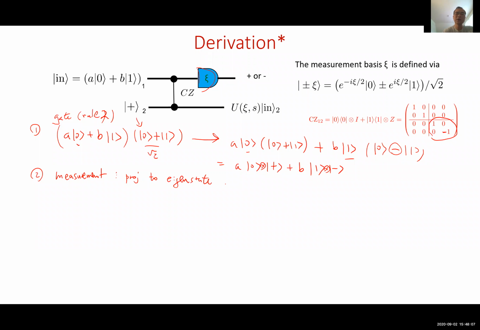So eigenstates, right? Eigenstate can be plus or minus psi. So what I want to do is project, in the sense that I'm taking the inner product of that vector with, let me call this psi 1, 2. Let me denote this by psi 1, 2. Okay, this is 1, to denote that I'm measuring only qubit 1.